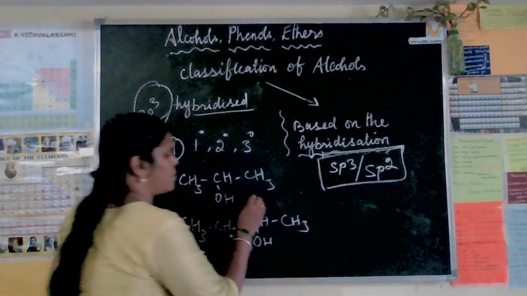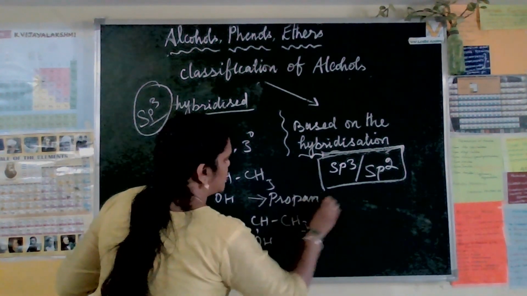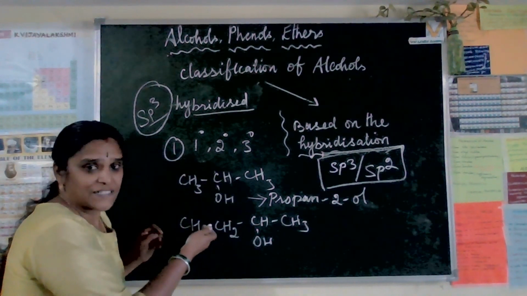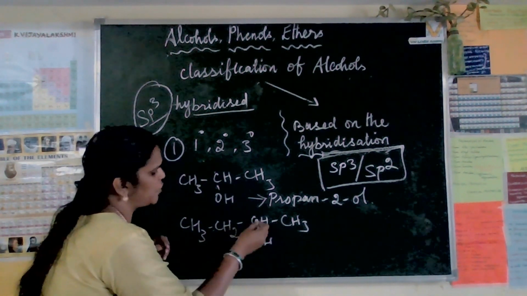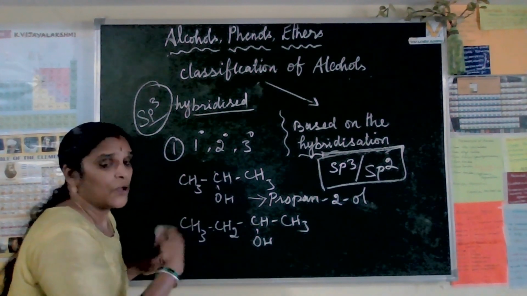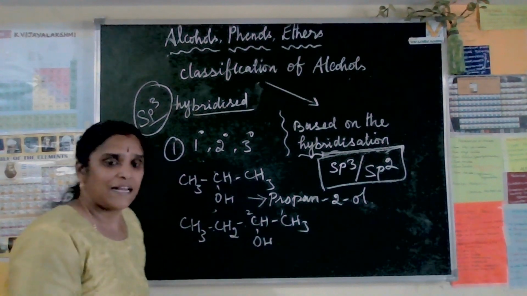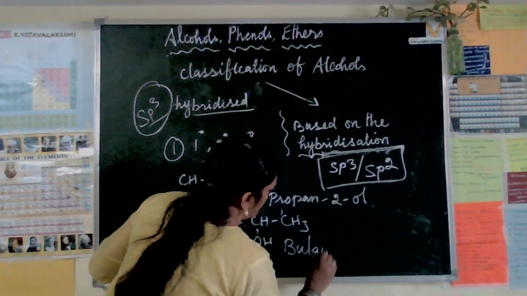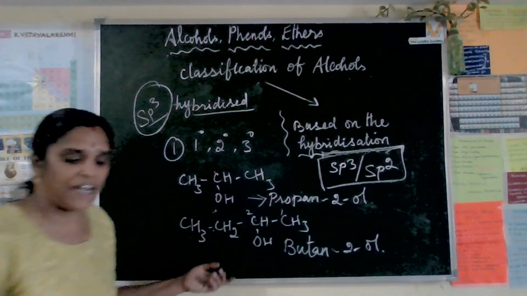The first is three carbons of propane, propan-2-ol, with the OH on the second carbon. In the second, numbering 1, 2, 3, 4, this is butane, butan-2-ol. Whichever way, take the lesser number of carbon. So butane, butan-2-ol. This is the way you can name it.